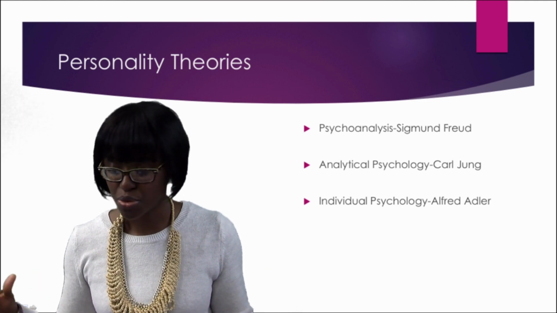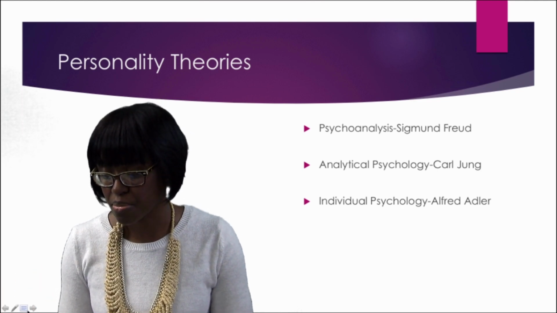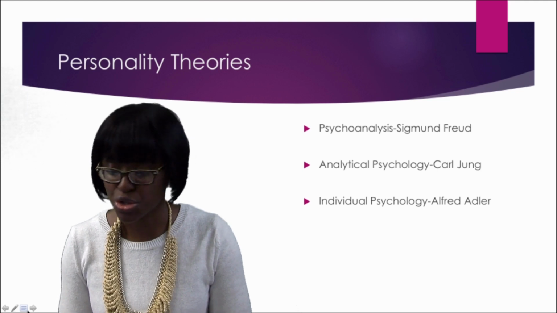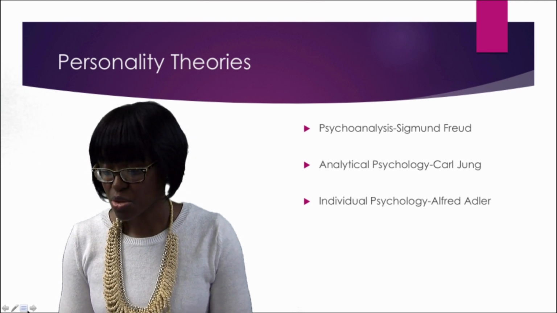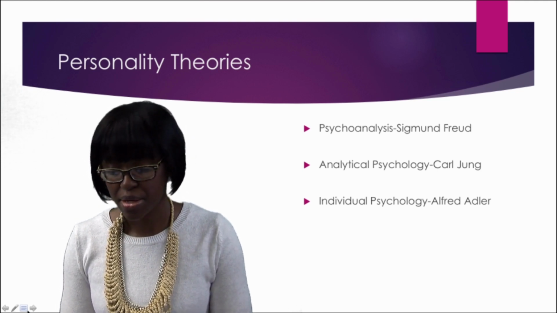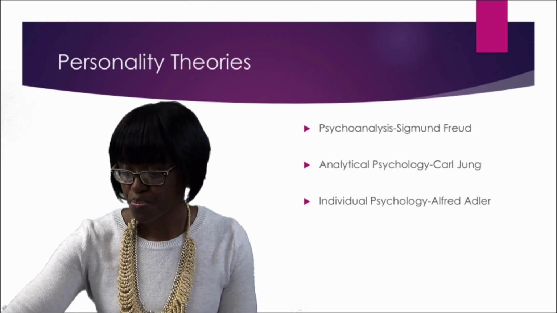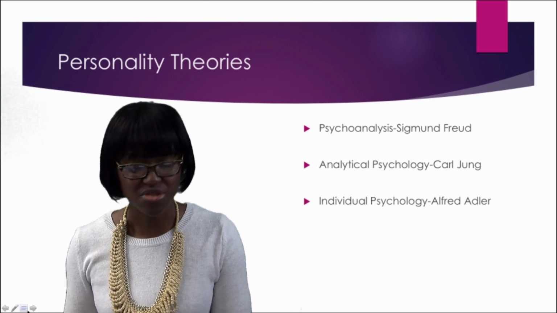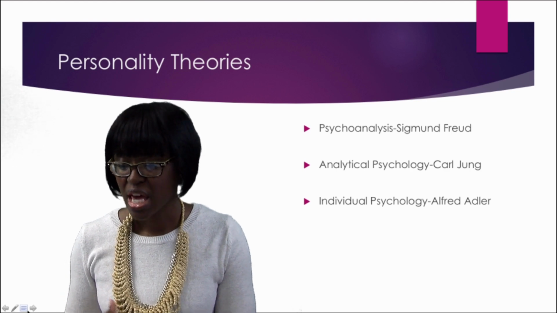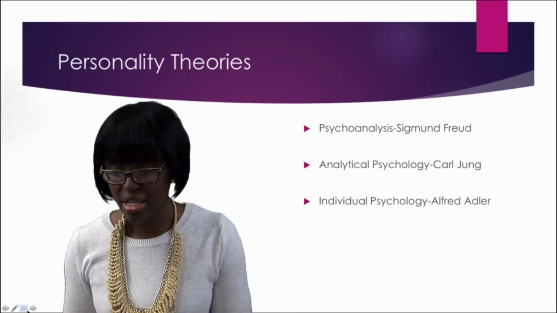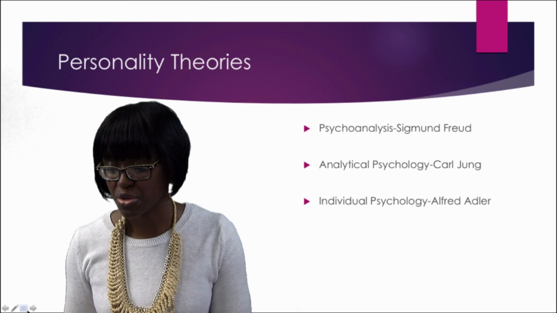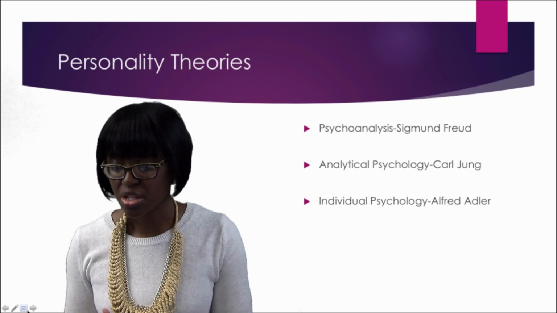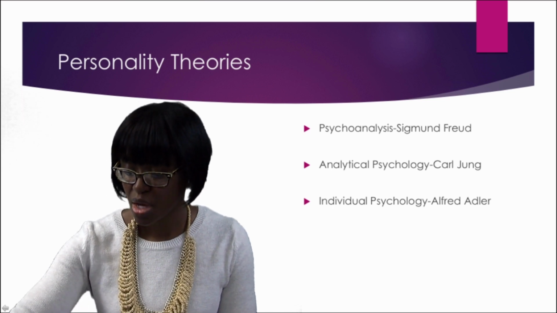You learn about Freud usually at a very young age in school, with his stages of development, where we talk about the oral stage, anal stage, phallic stage, Oedipus or Electra complex. That's very familiar to a lot of individuals. The latency period, and then the genital stage.